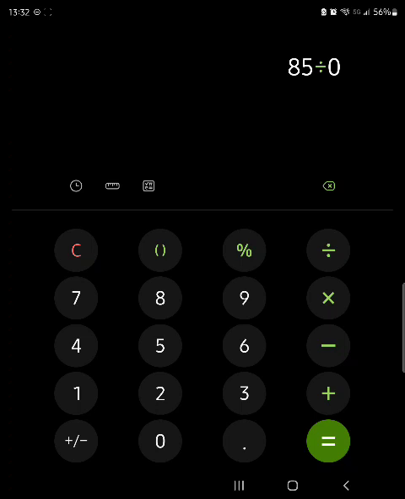Why? Because of this. Let's say we were to divide 85 by 0. What number would you get? Sorry, I have the hiccups. What number would you get? You'd think it's 85, right? Because it's not getting divided into any groups. But that wouldn't make any sense if you're dividing into nothing.